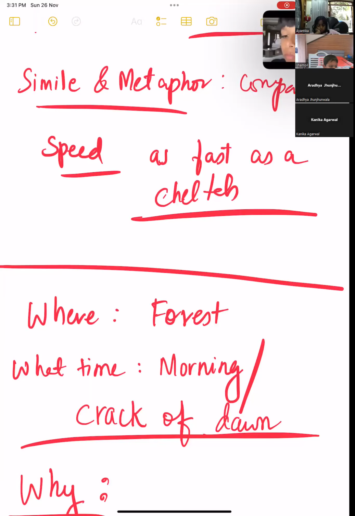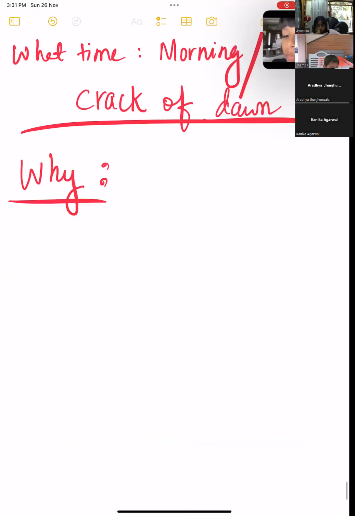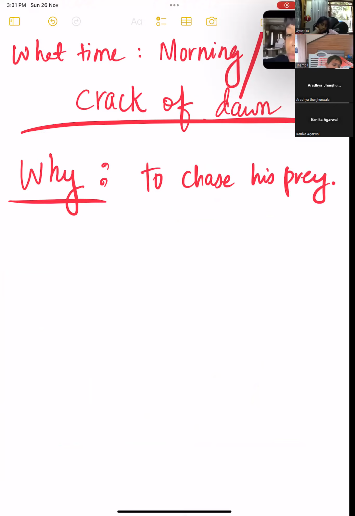That's a good word. To chase the deer. But in a simple sentence, I know a lot of you would be thinking of just to eat his food, or to chase an animal, anything it can be. But instead of an animal, I have chosen to write prey. Whoever can, raise your hand and give me your version.